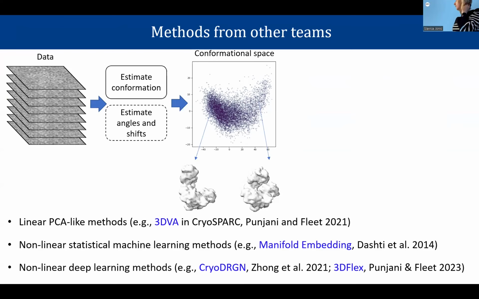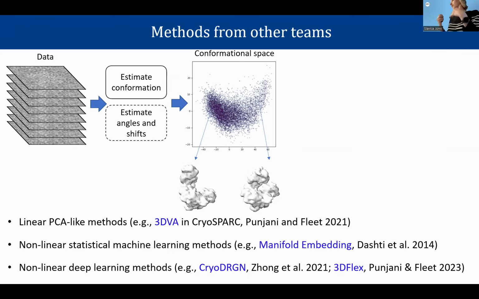But let's say that all these methods will try to, some will try to estimate also angles and shifts from the data. Some will work with some predetermined rigid body parameters. So you can get this initial rigid body pre-alignment, which means the angles and shifts, with classical approaches that are available in RELION.